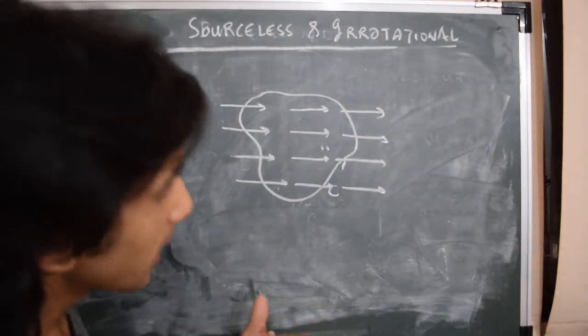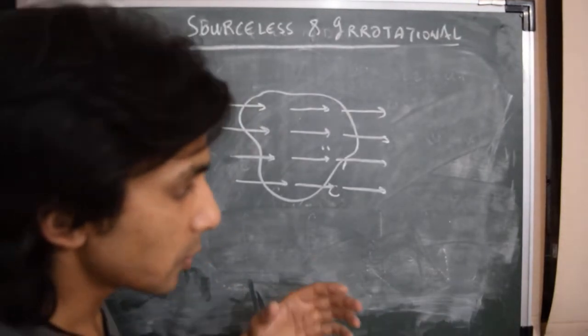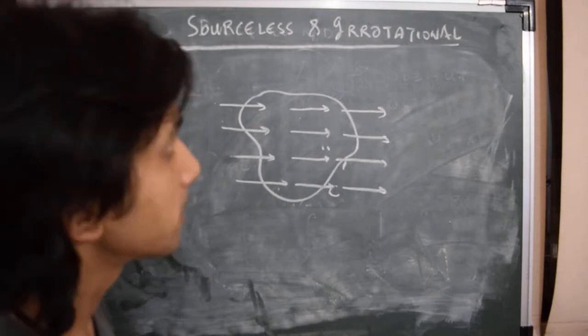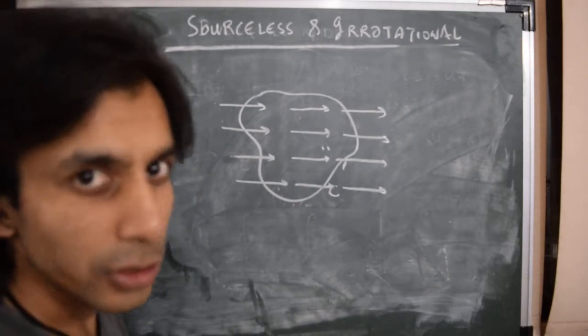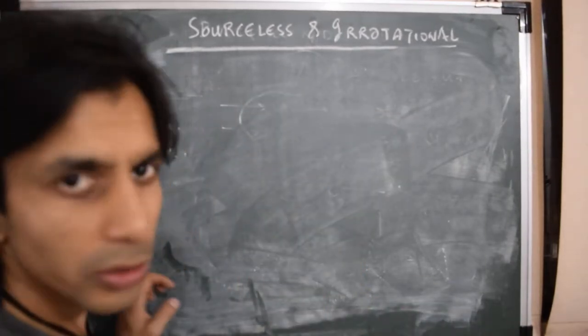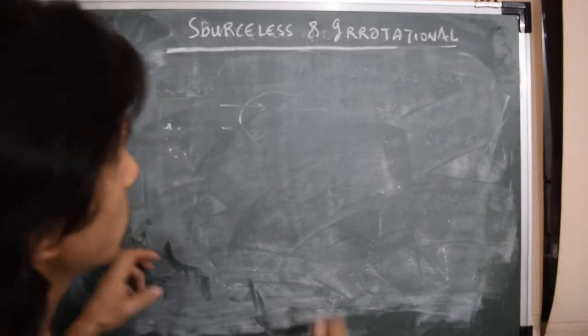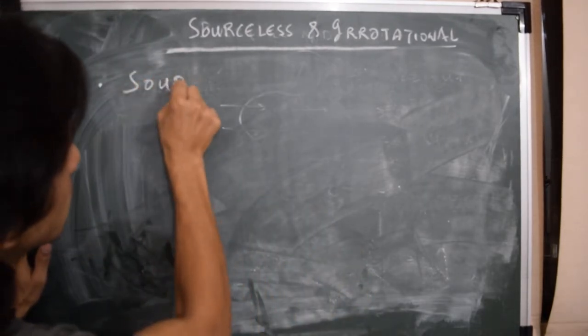And so these kinds of ideas bring us to characterizing flows or vector fields in at least 2 different ways, and that's what we just want to quickly discuss now. One of the definitions is that of a sourceless field.